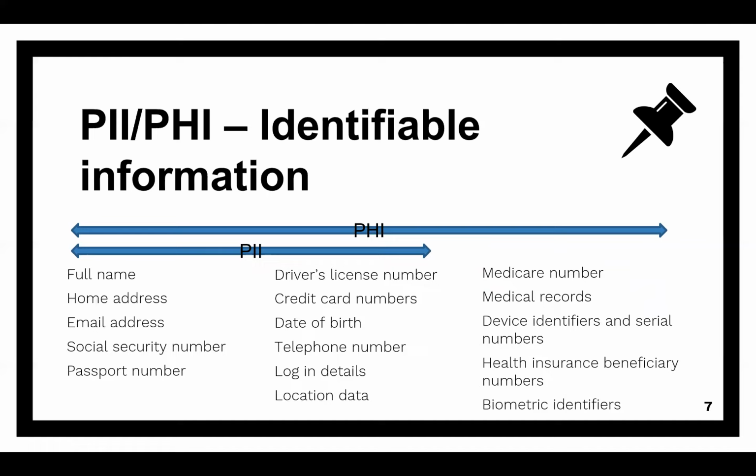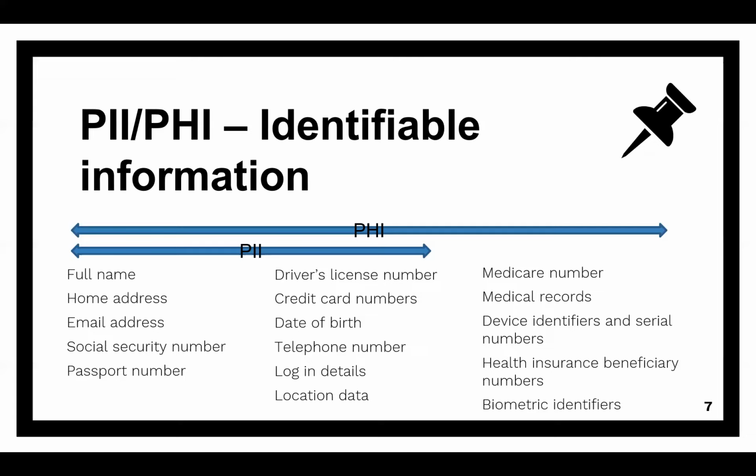And there are identifiable attributes for both PII and PHI types of data. For example, some of those attributes are listed here. So we see full name, home address, email address, social security number, passport number, and so on. They're all PII type data because you can actually track the data to identify someone with that type of data.